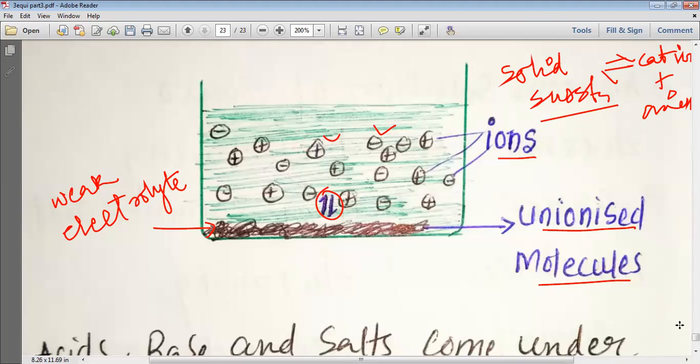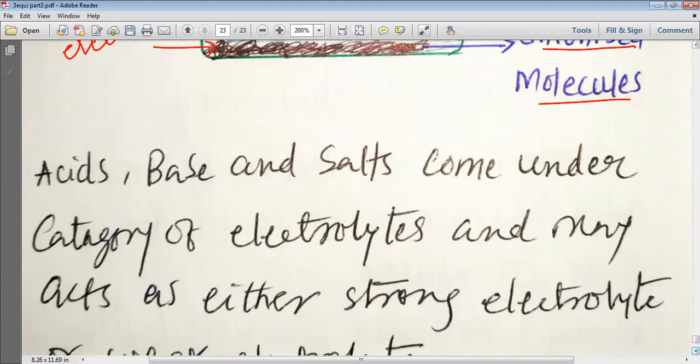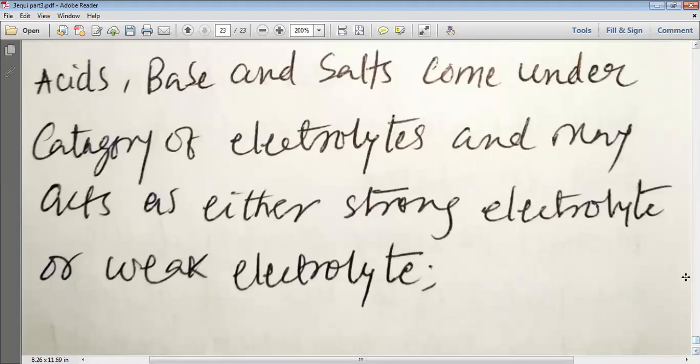So please remember that when we have a weak electrolyte, there will be an equilibrium established between the undissociated substance and the ions that are produced by the dissociation or ionization of that substance.